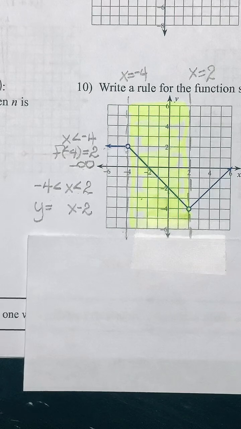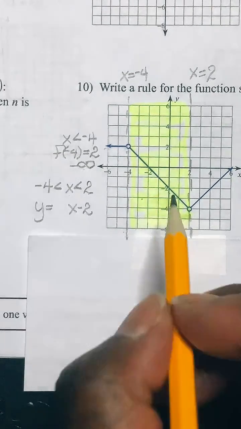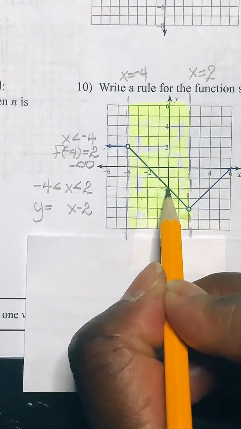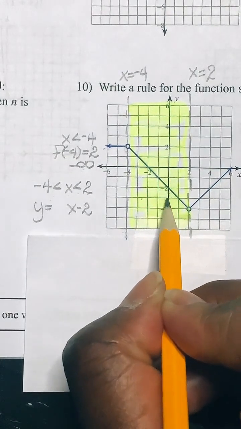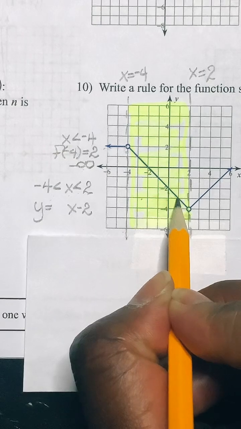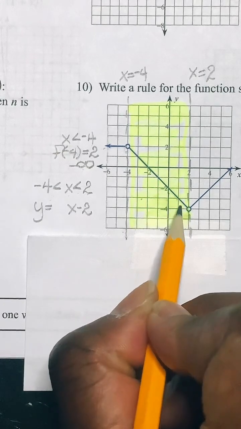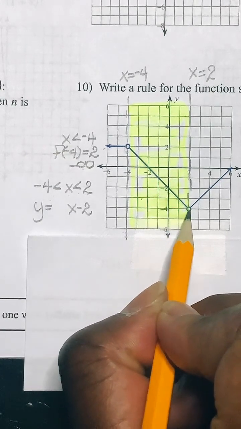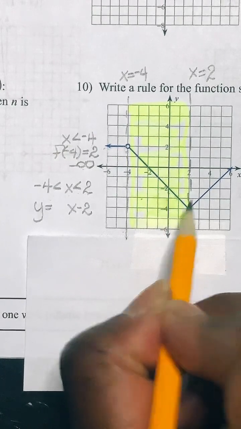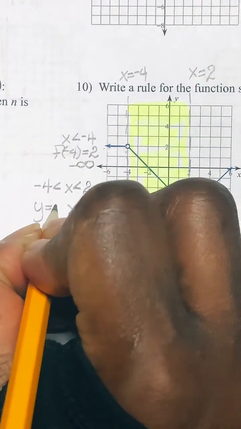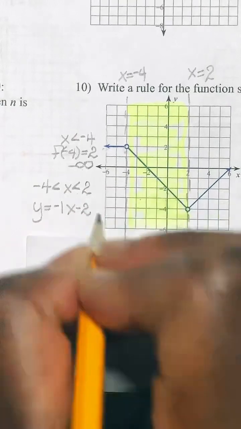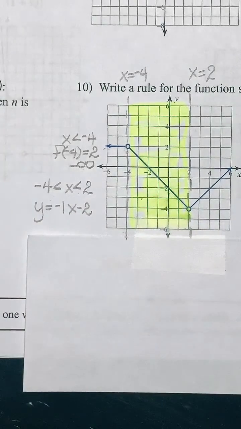Okay. So we got -1, -1, -1. Because if I start here at -2, if I go down 1 and to the right 1, I got a point. If I go down 1 and to the right 1, I got a point. So yes, my slope is going to be -1.